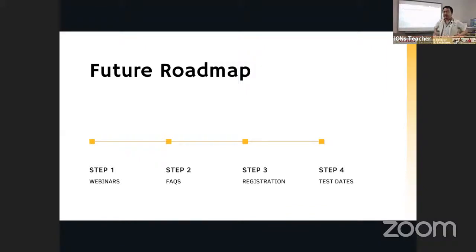Okay, first question is test payment. How much does it cost if we want to take a GMAT or GRE? Currently, to my knowledge at least, the test fee for GMAT is $250 American dollars, and for GRE is $205, and that's net.